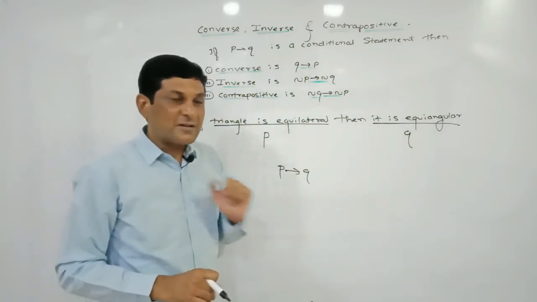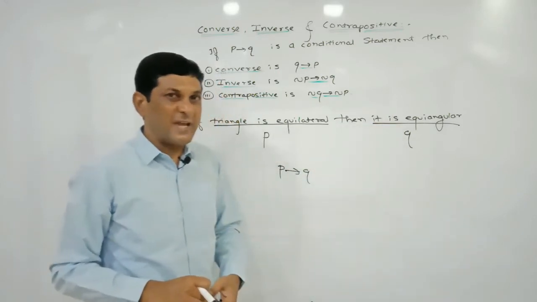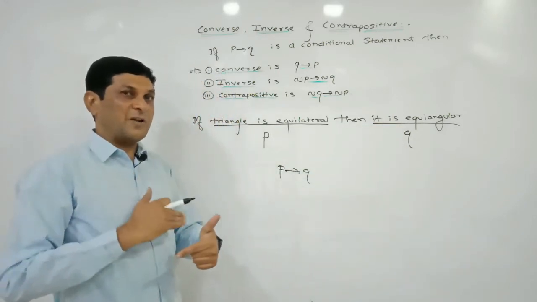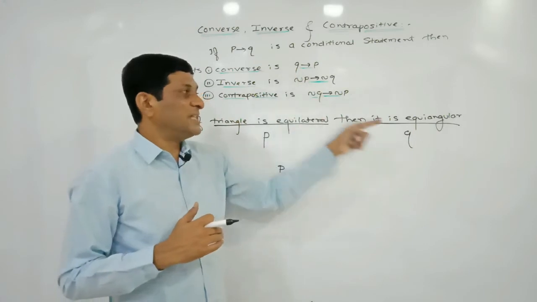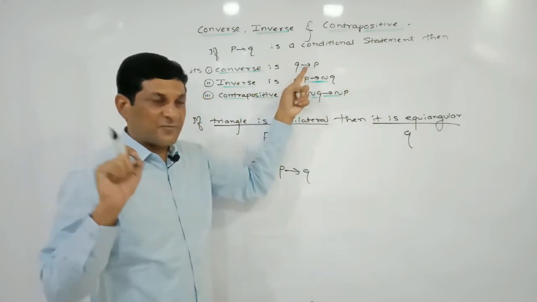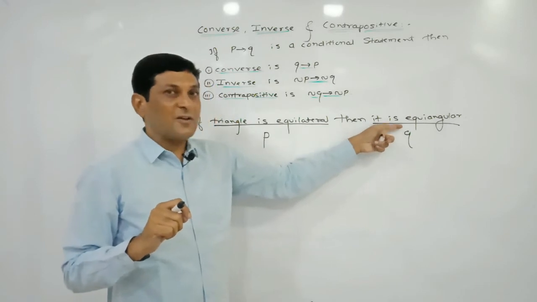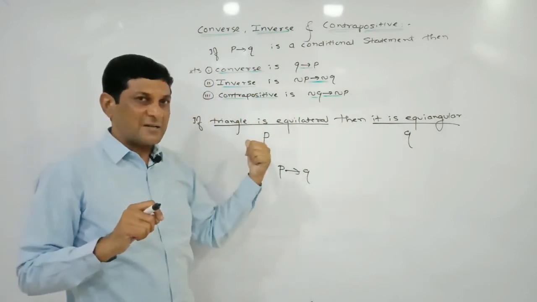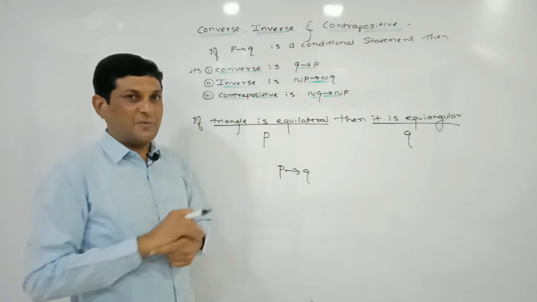Triangle is equilateral. What is Q here? Triangle is equiangular. Now we find its converse: first write Q, then P. Since implication is there, start with: if a triangle is equiangular, then it is equilateral. That is its converse.